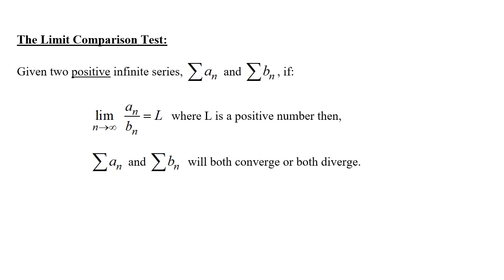In other words, they will both follow whatever b sub n, your comparison series, does. If your comparison series converges and you get a positive number L, then both a sub n and b sub n will converge. If b sub n diverges and you get a positive number L, then a sub n and b sub n will both diverge.